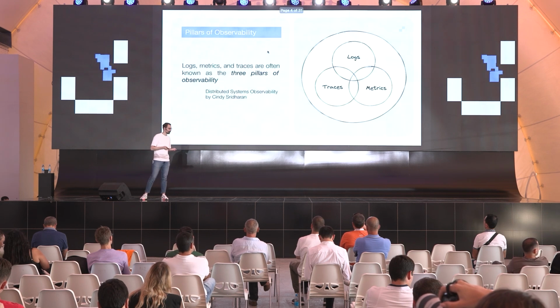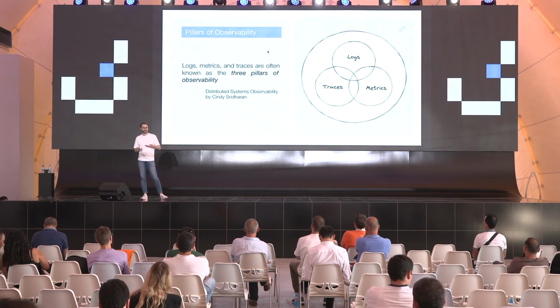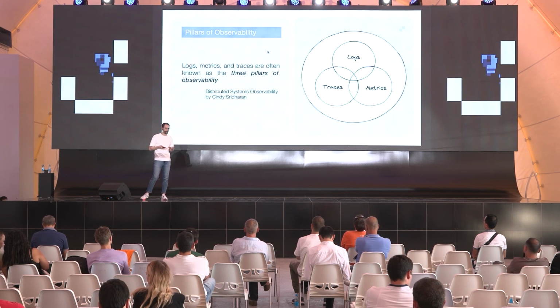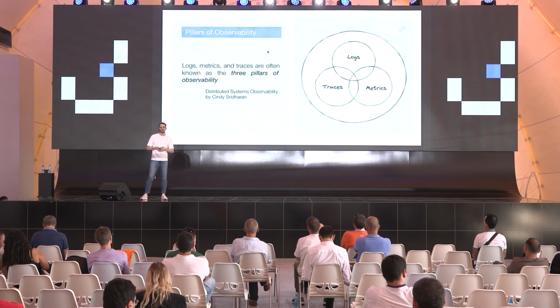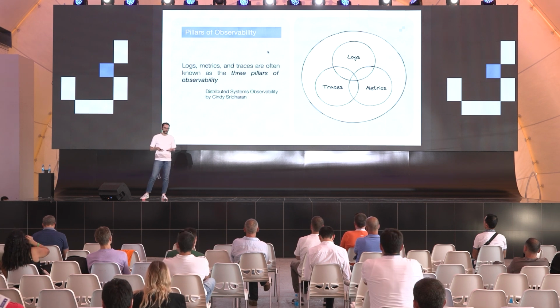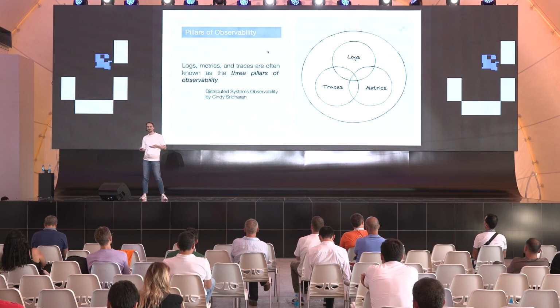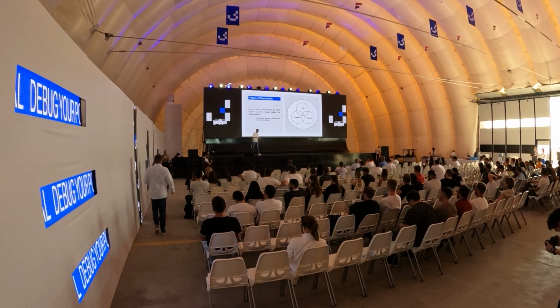In order to be observable, a system must output some information about its internal state. This information usually comes in the form of logs, traces, and metrics.